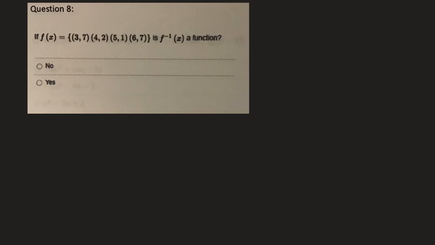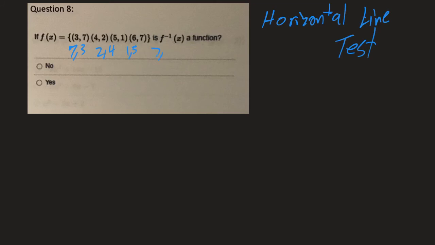Okay, if f of x is these points, is the inverse of that function a function? So we're looking for that horizontal line test. We could plot these points if we really wanted to see, but we could also just look at the inverse of these and say, wait a minute, look, here's 7, 3, 2, 4, 1, 5, 7, 6.